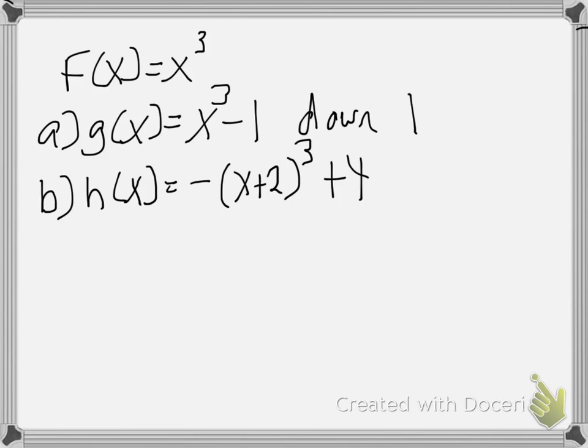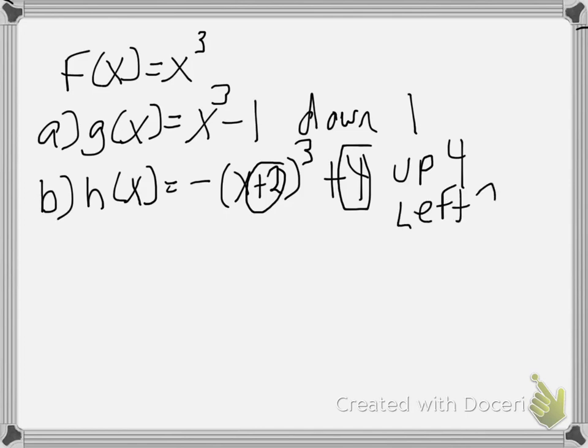So there's lots going on here. First, we're going to include this plus 4. That means that since it's plus, we're going up 4. Okay, we have this plus 2 inside. Okay, so that plus 2 inside means we're going left 2. And then we have this negative out front. Since it's not inside the function, it's on the outside, that means it's reflecting. It's reflecting over which axis? The x-axis.